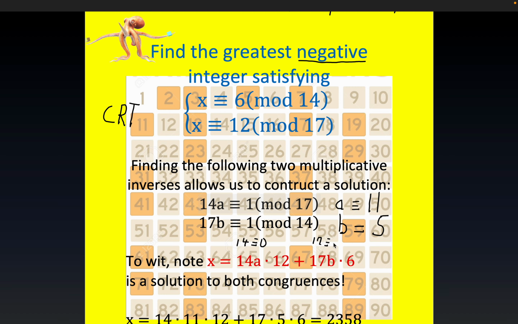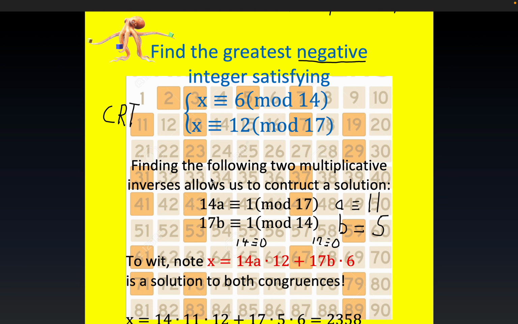I'm not going to plug it back; you guys can verify this on your own if you want to. And given that 14a is 1 and 17b is 1, you can see clearly why X is a solution to both this one and this one. Again, plug it in and verify, but it's just very formal. There's not too much thinking going on right there.